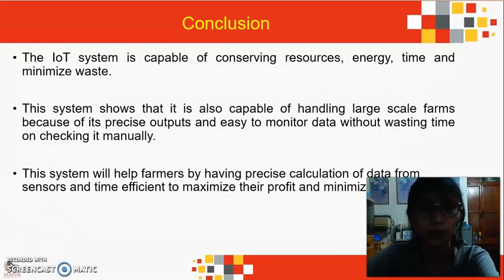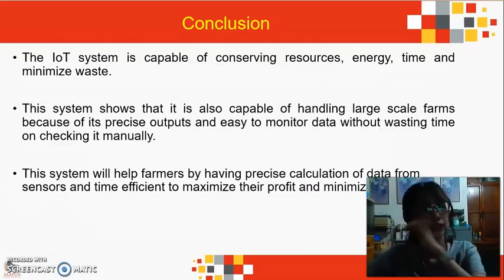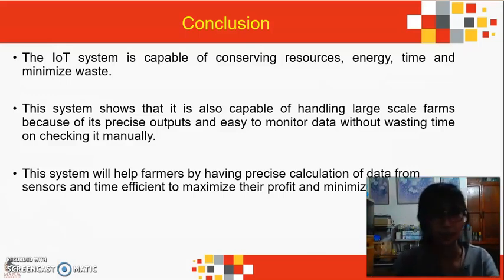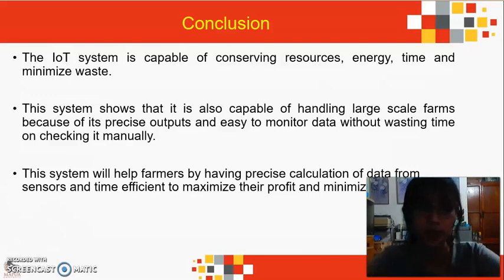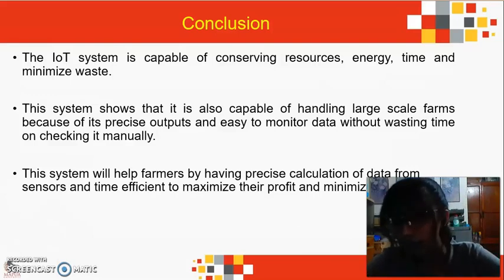Next, conclusion. The Internet of Things system is capable of conserving resources, energy, time, and minimizing waste. This system shows that it is also capable of handling large-scale farms because of its precise output and easy monitoring of the data without wasting time on checking it manually.